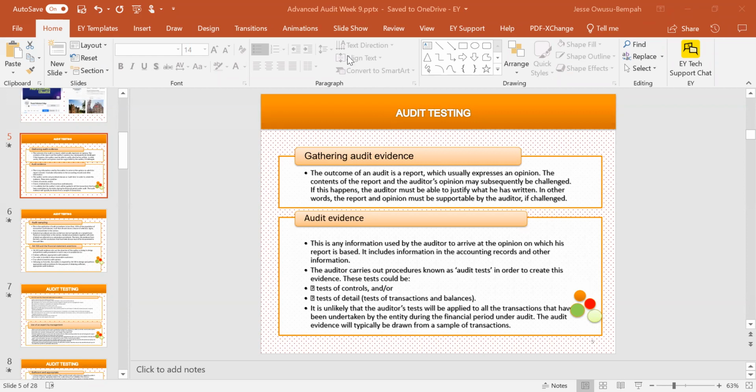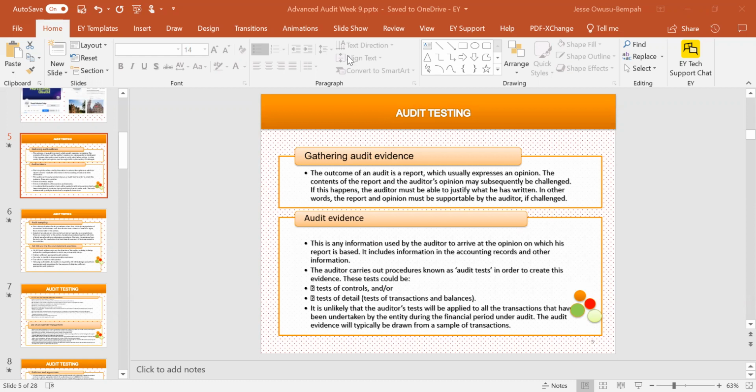So it's always important to understand that you need some form of evidence to test. That's why gathering audit evidence is key. And it's through testing that audit evidence that you're able to express a proper opinion. That's also very important to know.